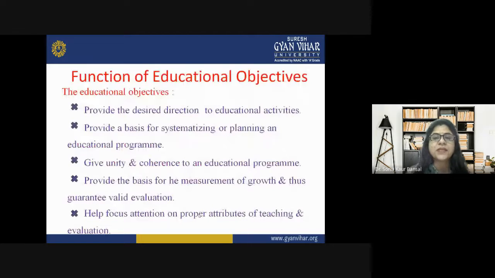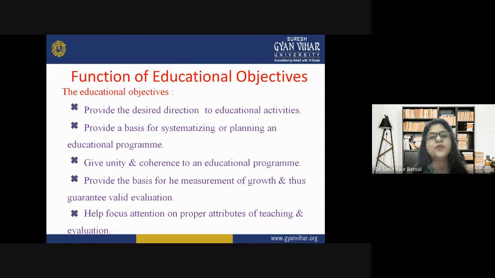So, students, let's discuss the functions of educational objectives. The objectives have the following functions, which I'm telling you. First of all, it provides the desired direction to educational activities. Whatever is being done by the teacher and the student must have a particular objective. So, educational activities get proper direction if we set the objectives.